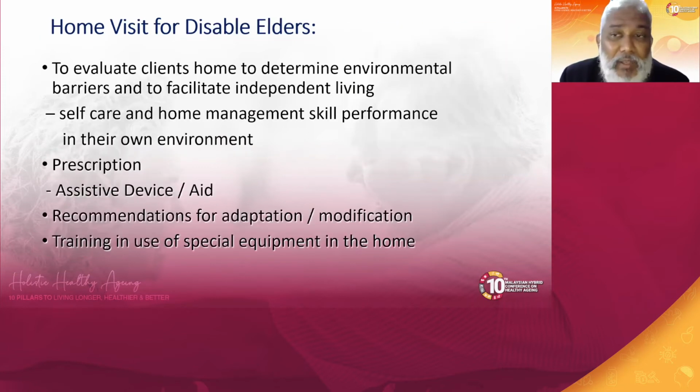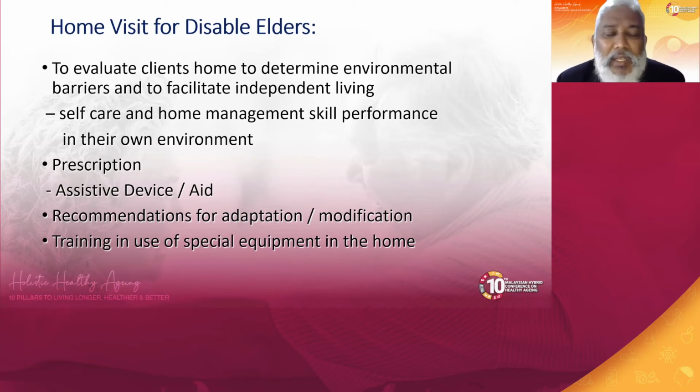So a home visit for disabled elders is to evaluate the client's home to determine environmental barriers and to facilitate independent living. That's the main keyword. We want them to live independently in their own environment. So when we talk about independence, it's about self-care and home management skills.